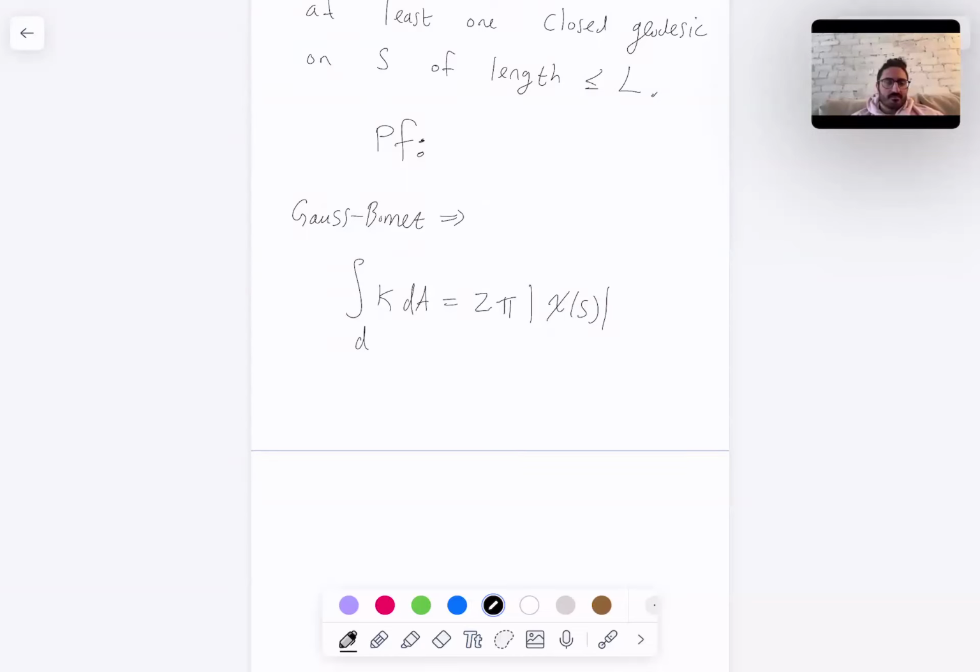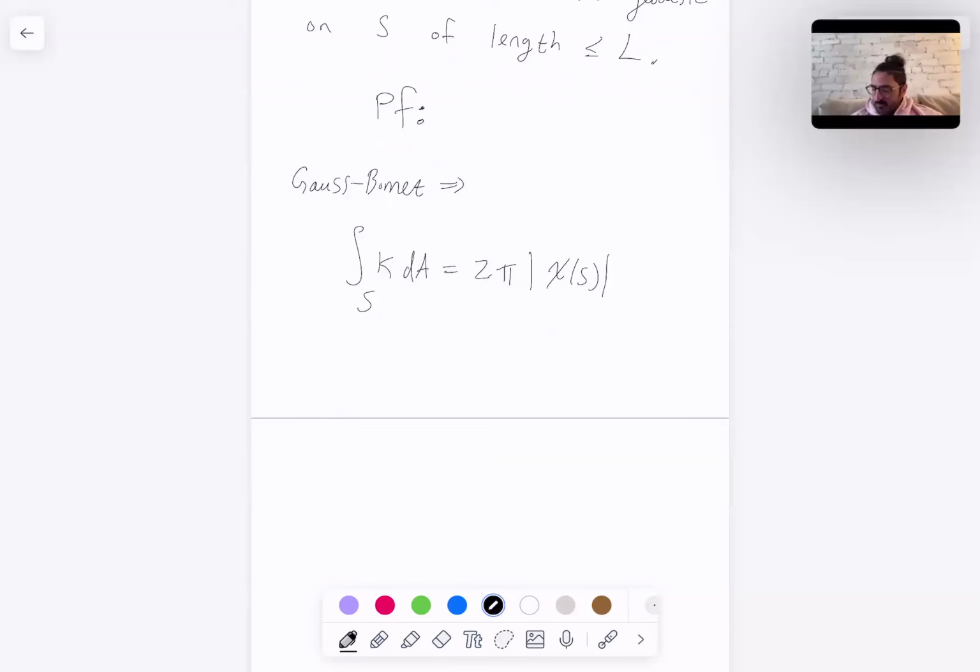Now, I don't know why I wrote D here. This should have been S. This is what Gauss-Bonnet says. Now, what is the curvature? The curvature is minus 1.